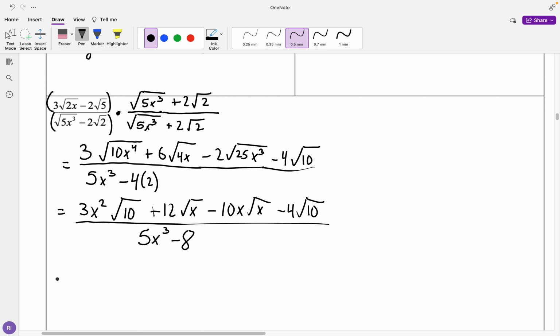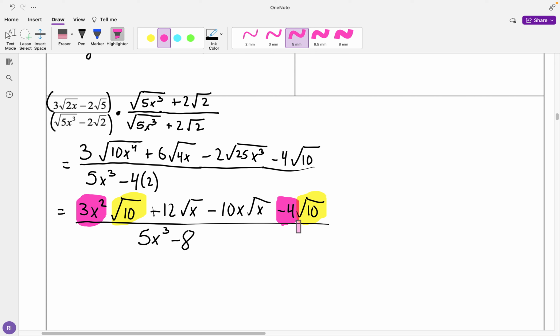And I also believe that is completely simplified. Because we have to be a little careful. The radical root 10 is in both of these. 3x squared root 10 minus 4 root 10. Definitely the root 10 is identical as the radical, but it now defaults to just polynomial rules. 3x squared minus 4 cannot be simplified.